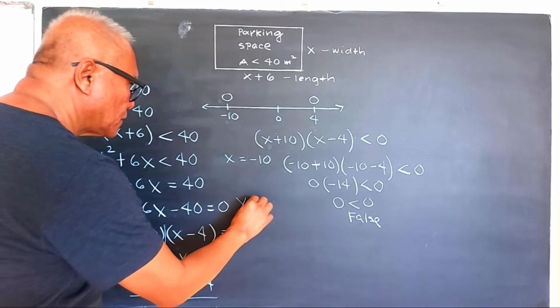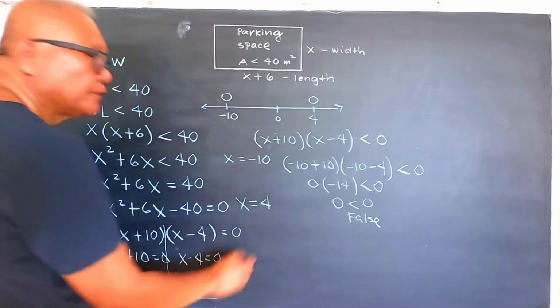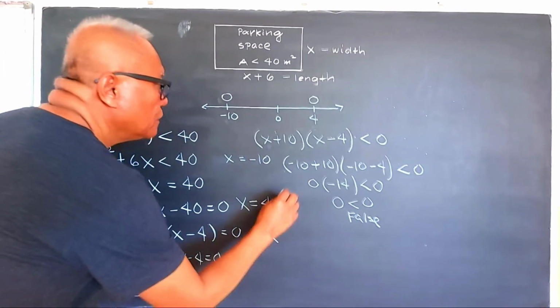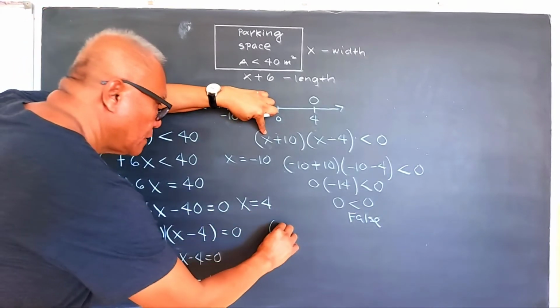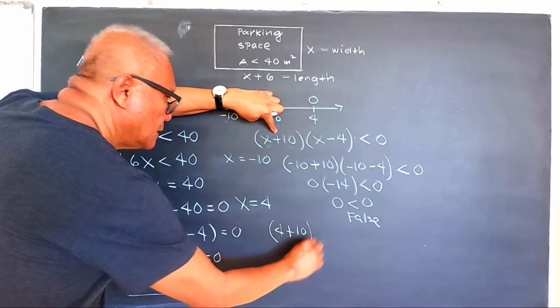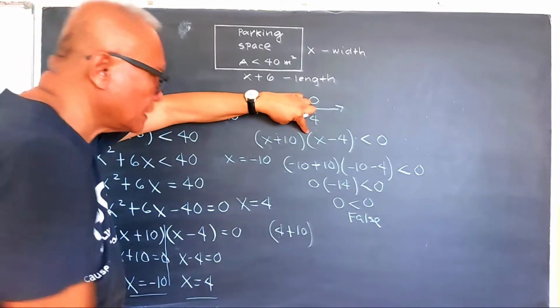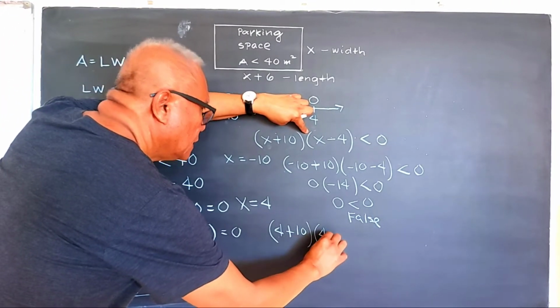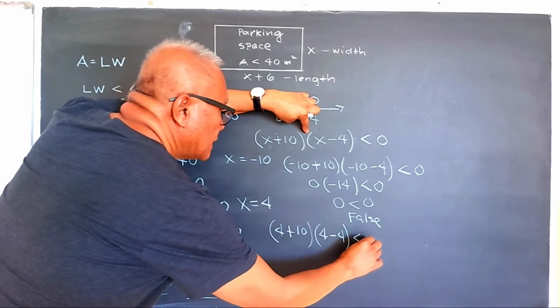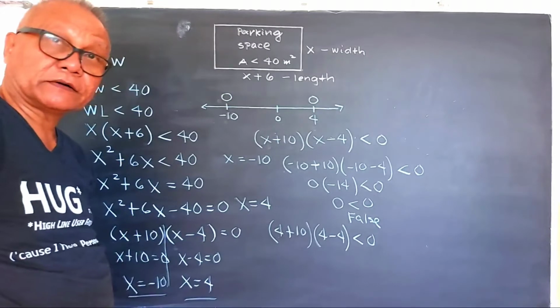Now let us check the 4. x is equal to 4, then we have the same thing: 4 plus 10 times 4 minus 4 is less than 0.